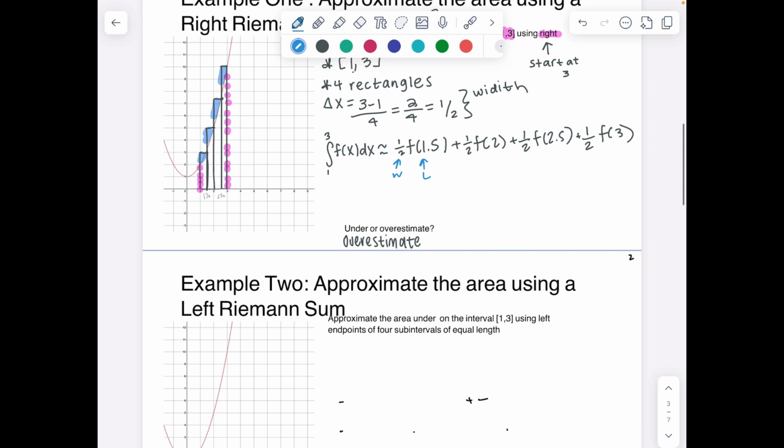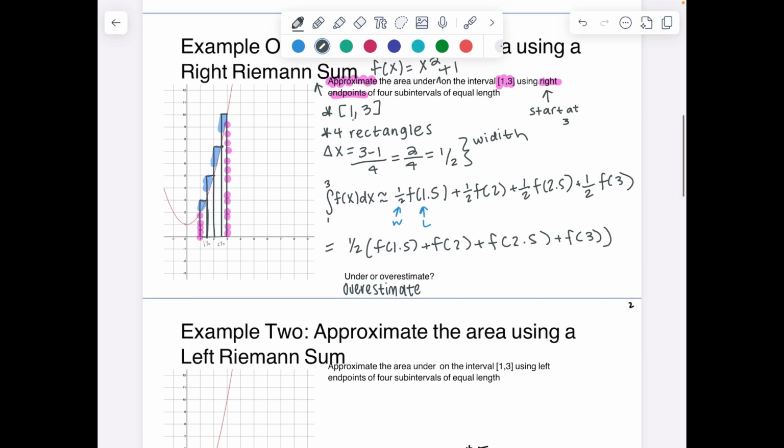So now I'm going to figure this out, and from here it's just kind of algebraic, but one thing I can do, because these all have the same width, just to make it easier so I don't have to multiply 1/2 every single time, I'm just going to factor it out, and then I'm going to find all of these values. That'll just make it so I don't have to multiply 1/2 like 4 times. And when I go to find these values, I have the equation of the curve, and so I'm going to be plugging these into the equation of the curve.